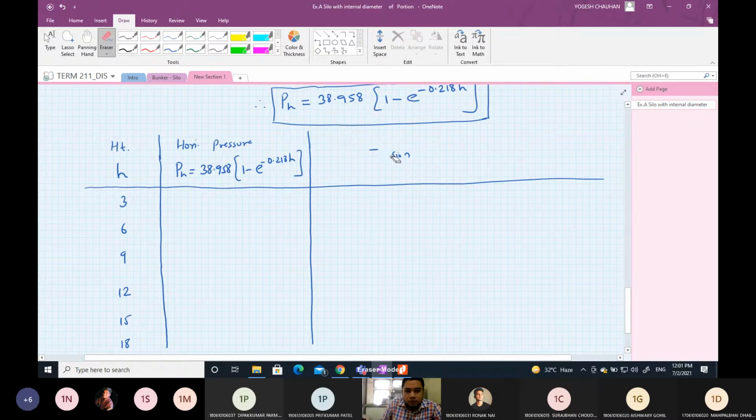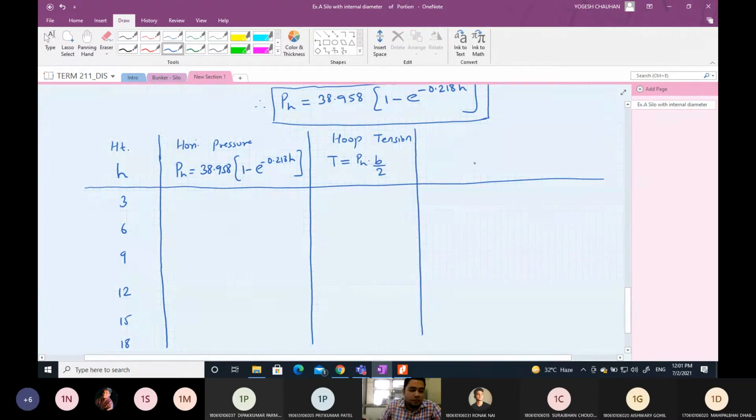So hook tension T is equal to pressure into D by 2, that is the diameter by 2. So you can have the value of the hook tension.